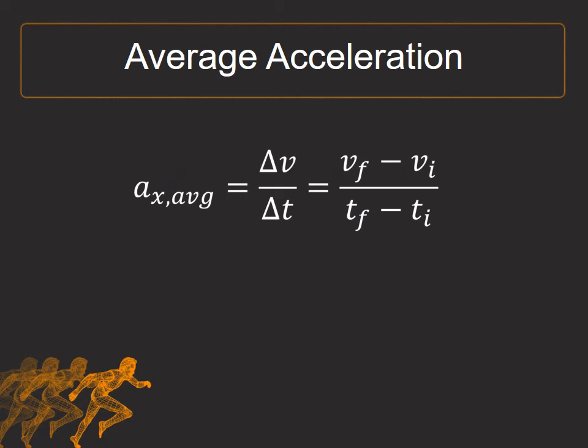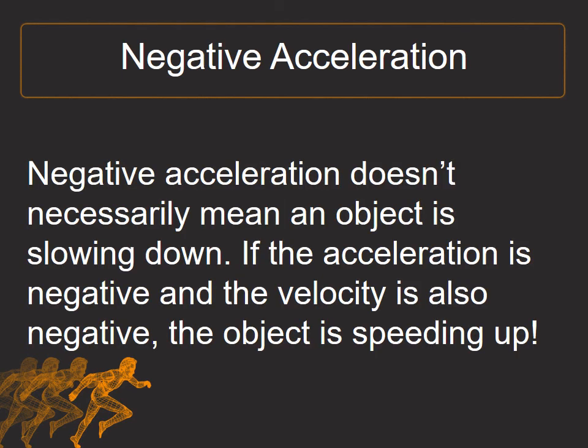For average acceleration, that is delta v or delta velocity all over delta time, or that is final velocity minus initial velocity all over final time minus initial time. Okay.